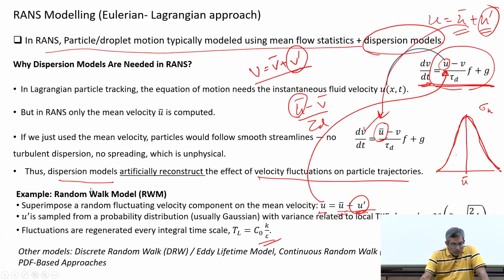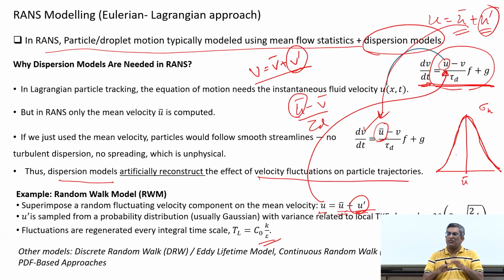So this is only one example, known as the random walk model, which is a popular model. Similarly, we have discrete random walk or eddy lifetime model, continuous random walk, PDF based approaches. So there are different models here itself, and they can be used as a compromise between accuracy and computational cost.